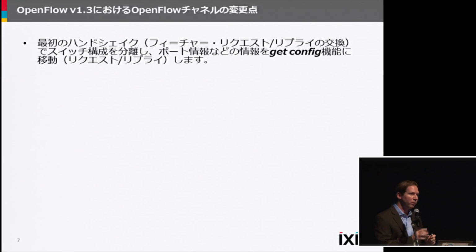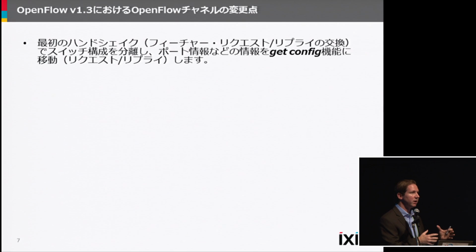So OpenFlow 1.3 changes the protocol quite a bit from 1.0. The reason I'm focusing on 1.3 is it's what most equipment manufacturers are moving towards today. Several have released it, and we're beginning to test it now and look at performance and capabilities of 1.3. There are many changes to the OF channel itself, that connection.